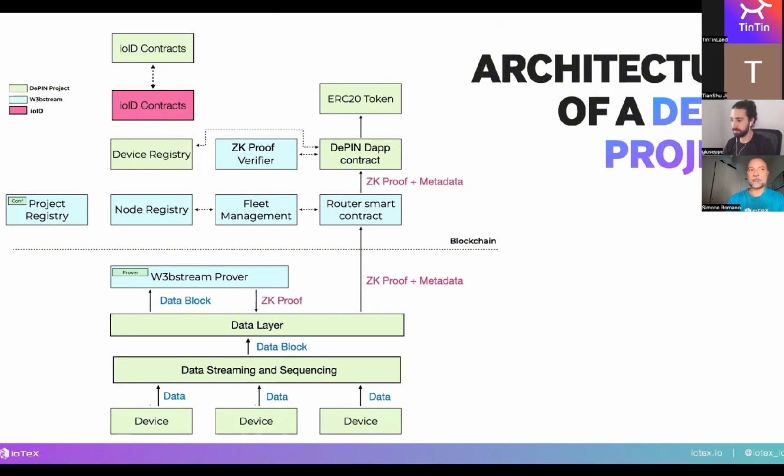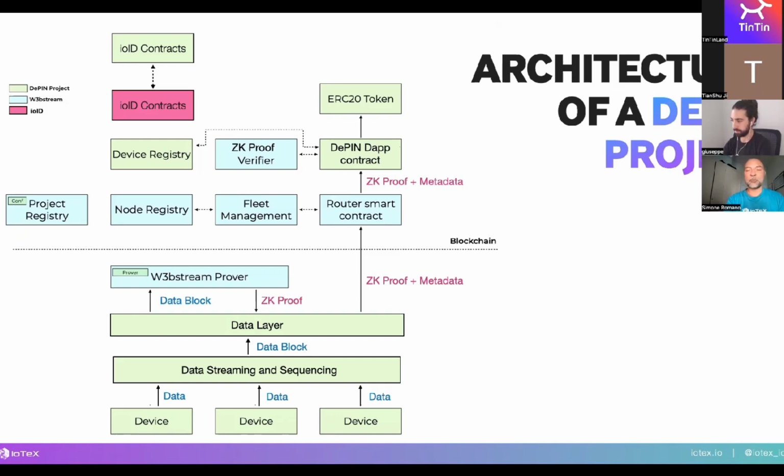A WebStream task is basically a block of data with some metadata inside. And this block of data is then stored into a DA layer. There are multiple options for decentralized DA layers out there.